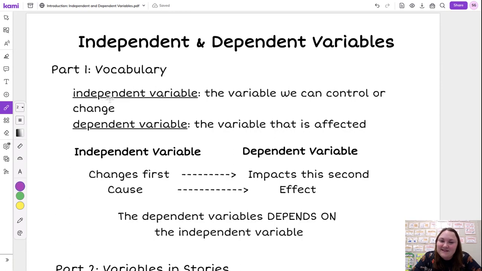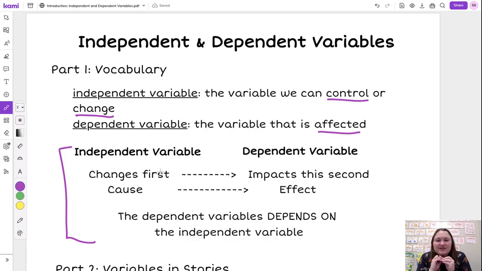Your independent variable is the variable we can control or change, and the dependent variable is the variable that's affected. When I think about independent and dependent variables, these are some of the ways I think of them. Independent variable, that's going to be what changes first, and it impacts the dependent variable. So the dependent variable is what happens second.